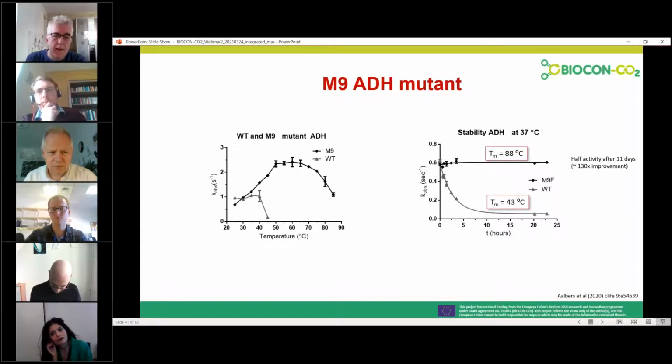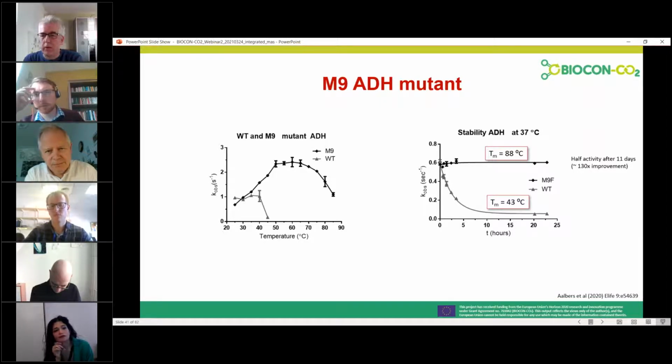So it's doing well in catalysis and also in storage. On the right side, you see a graph indicating that this FRESCO mutant stays stable and active for days, while the wild type, the original enzyme, degrades within a day. So this is an illustration of how a computational tool works out in this example.